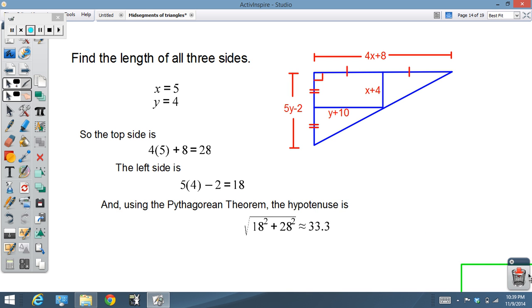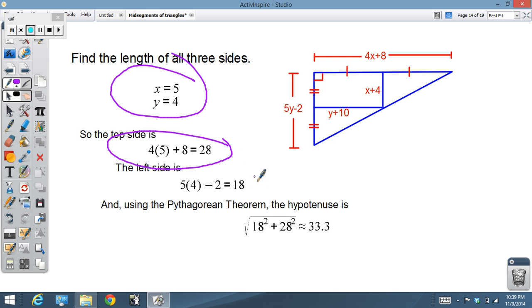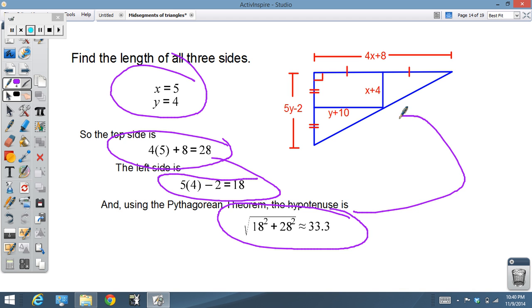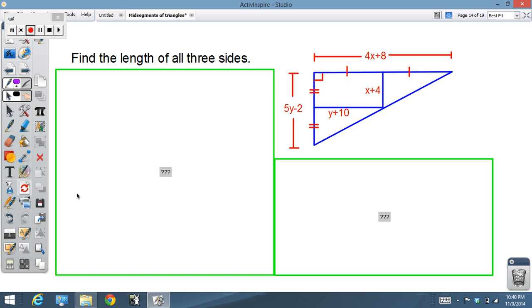Question asks, what is the length of the three sides? What we did on the previous slide was we found x and y, but we didn't find the lengths of the sides. To actually answer the question, we'll find the top side by plugging in 4 and 5, find the left side, and find the hypotenuse using the Pythagorean theorem, and there are our three answers.